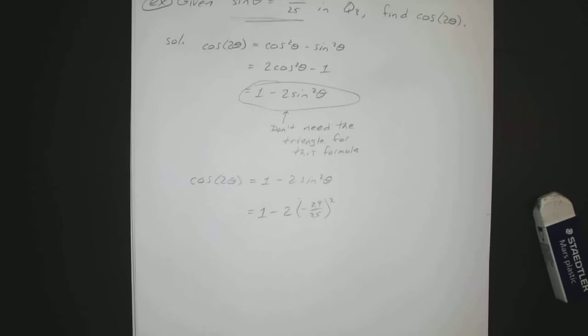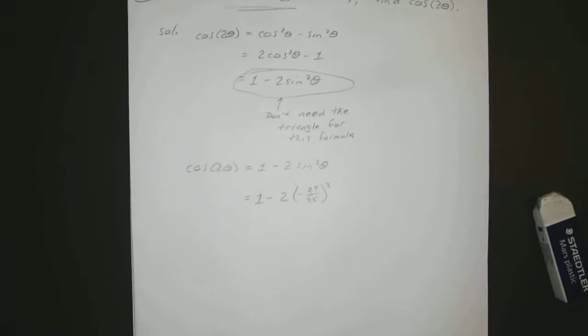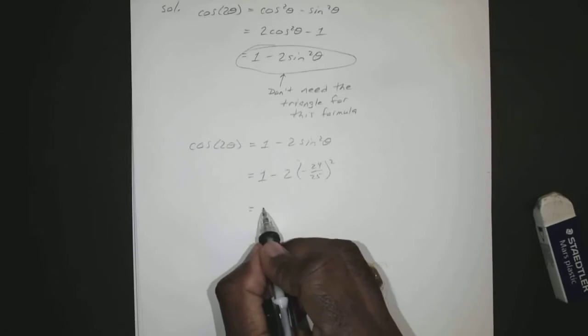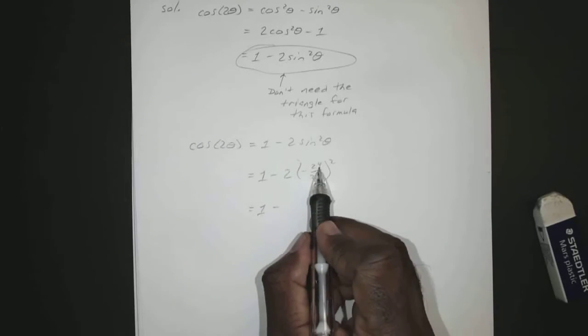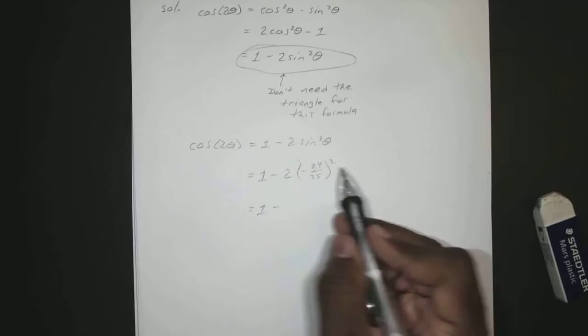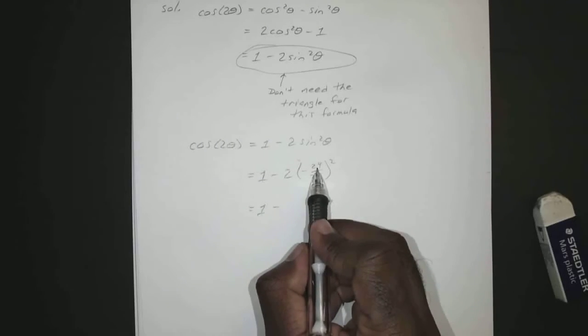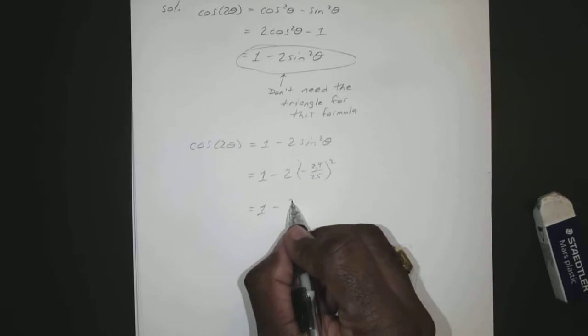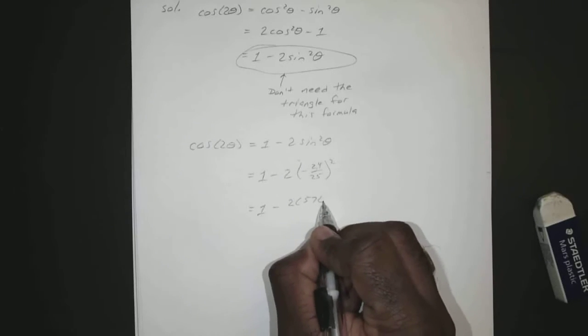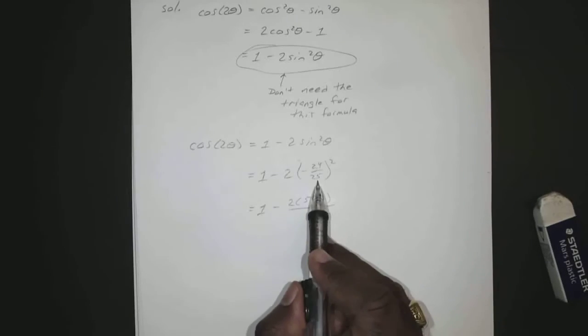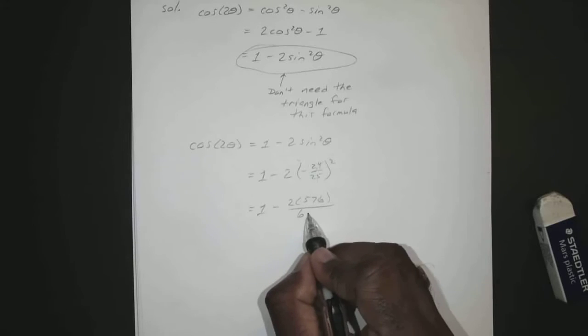Okay, so all you're doing is plugging in what they gave you. That's going to equal 1 minus, well, negative and negative is positive, so 24 times 24 is 576. So you have 2 times 576 over 25 squared, which is 625.